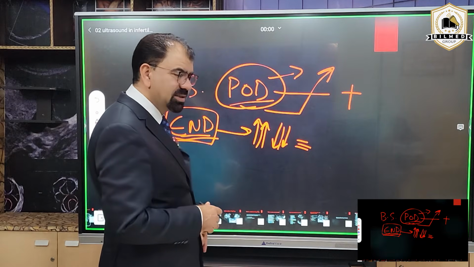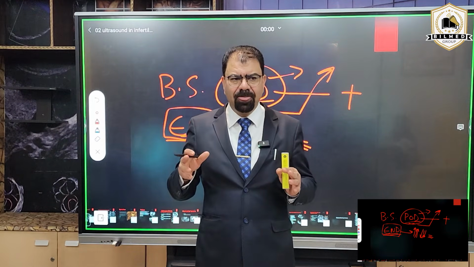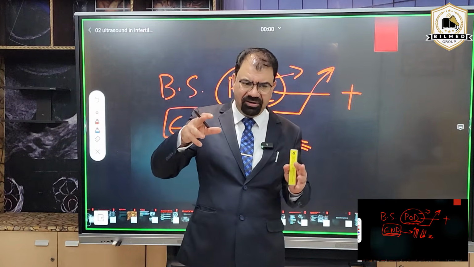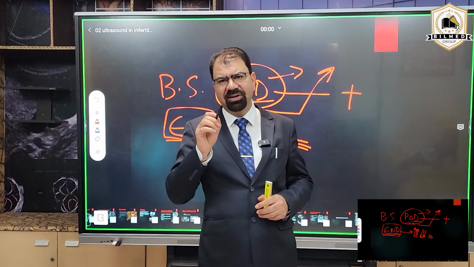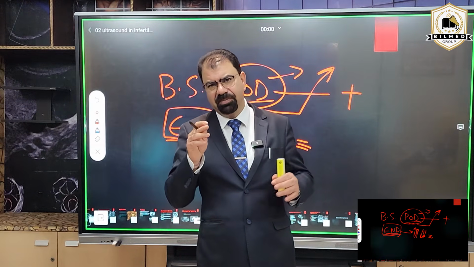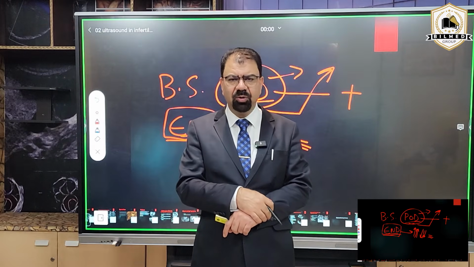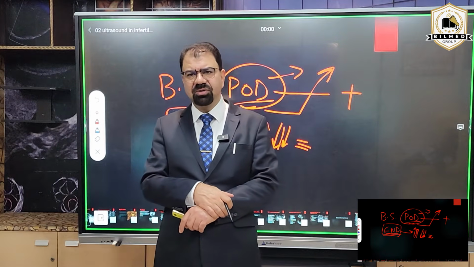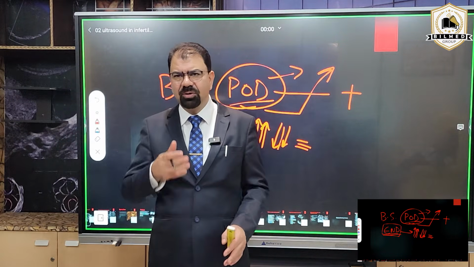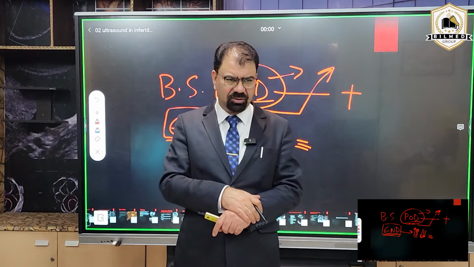So the point here is that you have to think this side, that side. One finding does not give me any diagnosis, but multiple findings conclude a diagnosis. That is what I am telling you time and again: theory is the backbone of ultrasound.